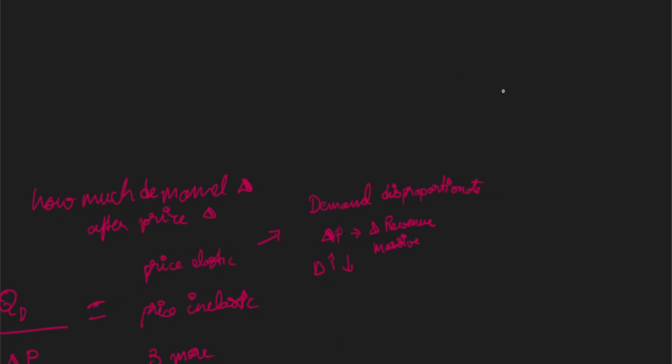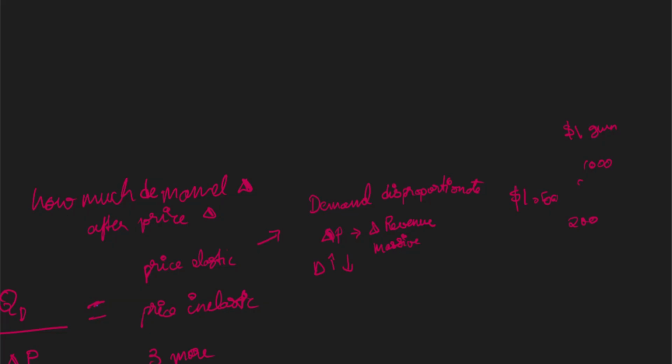So basically, if you have, let's say, a $1 packet of gum, and 1,000 people buy that packet of gum, right? And now this changes to $1.50, and now only 200 people buy that, right?